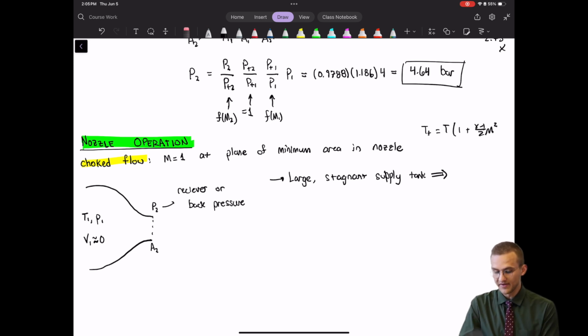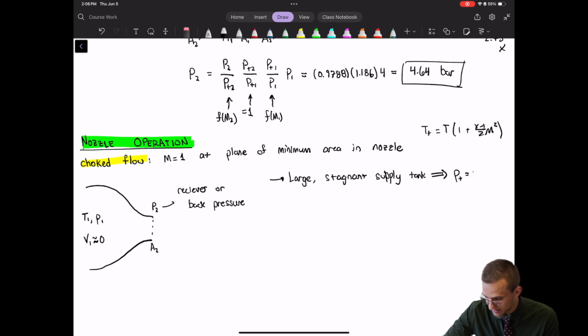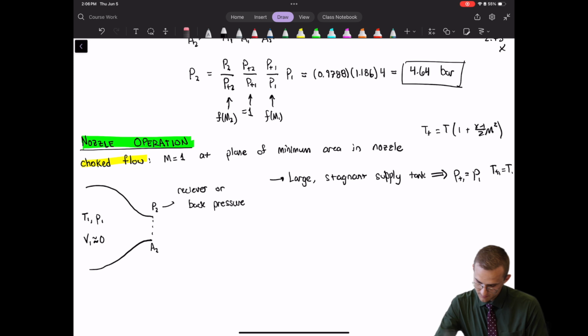Well, if M is equal to 0, in other words the flow is not moving, then Tt is just equal to T, and likewise for the stagnation pressure. So we know that Pt is equal to P, and Tt is equal to T. And this is at state 1 in particular, Tt1 and Pt1. Okay? So these things are the same.